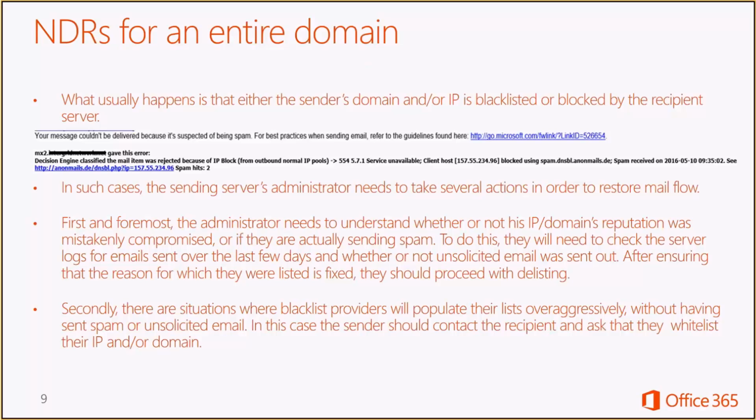There are various tools available online to check whether or not an IP or domain is listed. Once we've confirmed that the IP is listed, we need to first check whether or not, or why, our IP was actually listed.